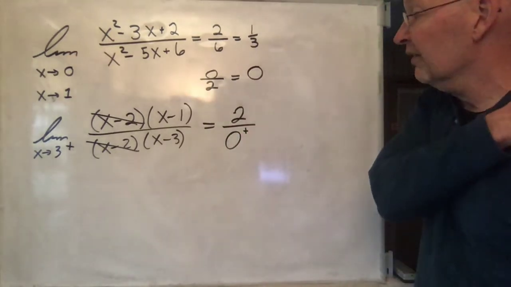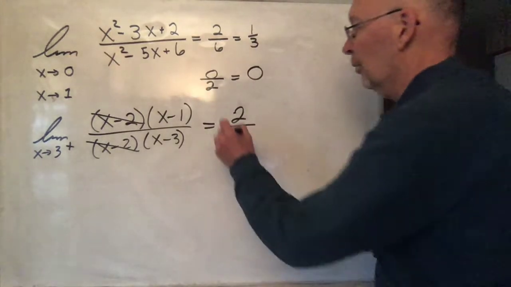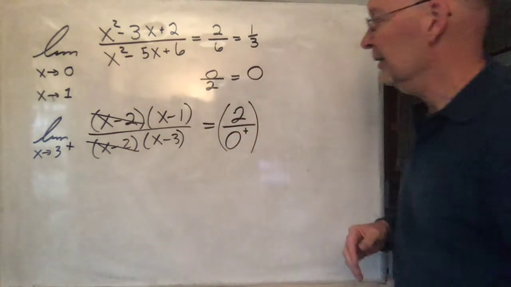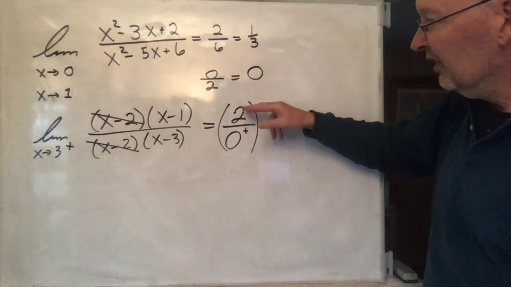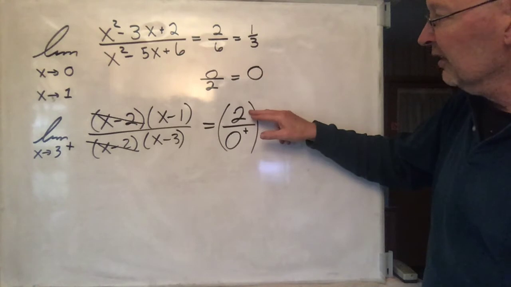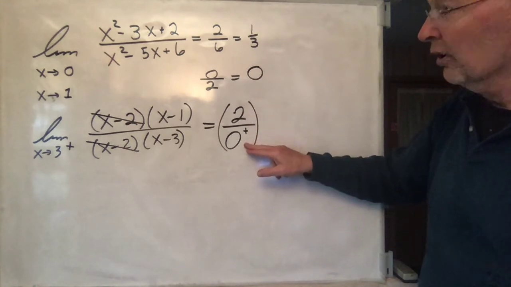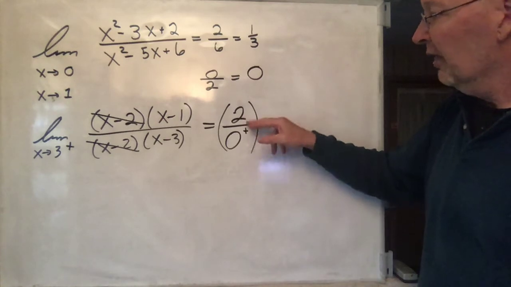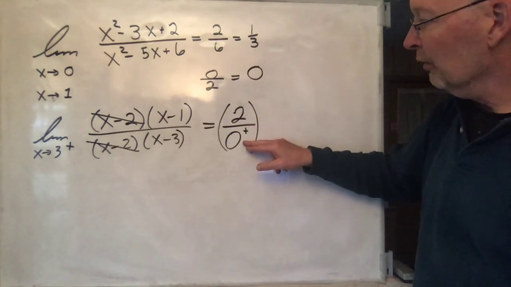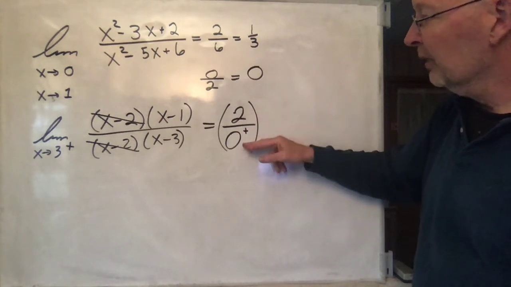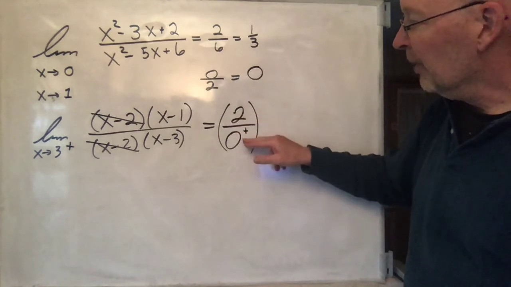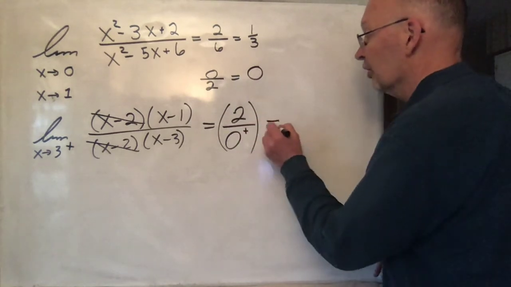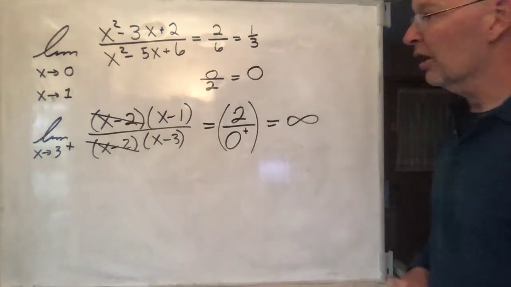It's going to be a positive number. So I'll put this in parentheses just to indicate that this is heading towards 2 and this is heading towards 0. So now we go back to what we learned earlier, that if you divide by a smaller and smaller number, the ratio becomes very, very big. This is positive and this is positive, so you're going to be going off to infinity.